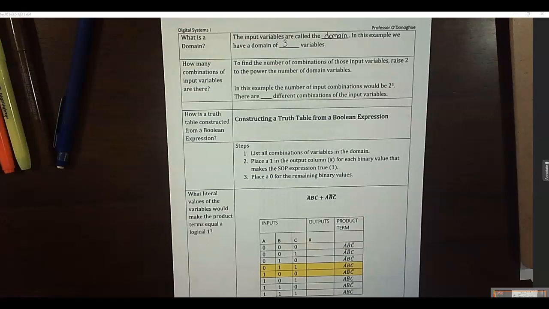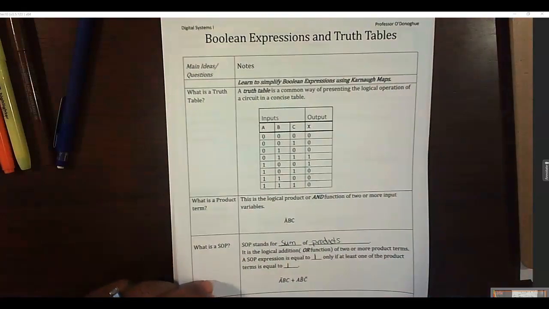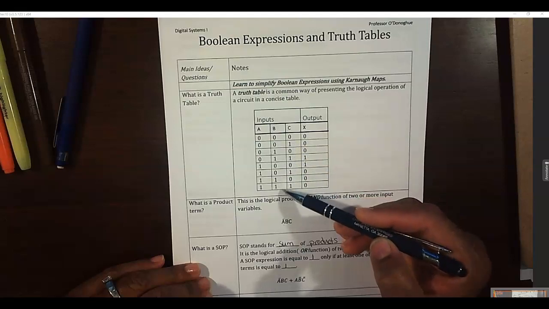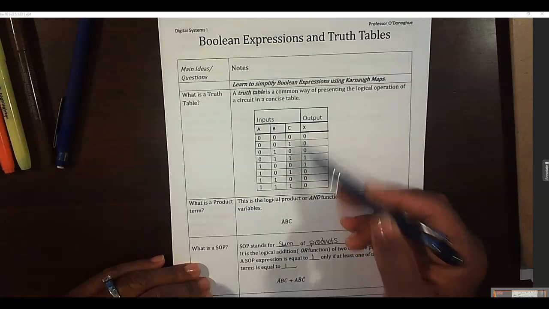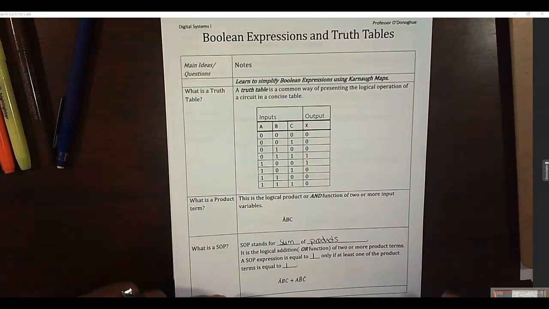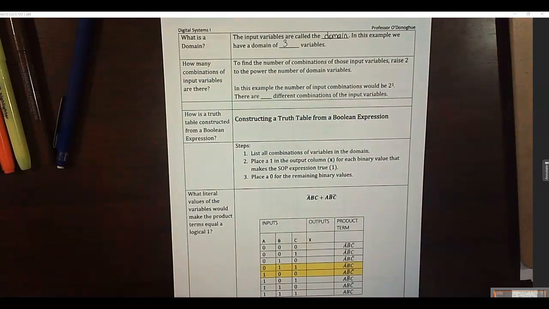So when we go back to this truth table, how did we know that we needed this many rows? We needed 8 rows, that there were 8 different combinations of inputs. How did we figure that out? Well, to find the number of combinations of your input variables, what you do is raise 2 to the power of the number of domain variables.